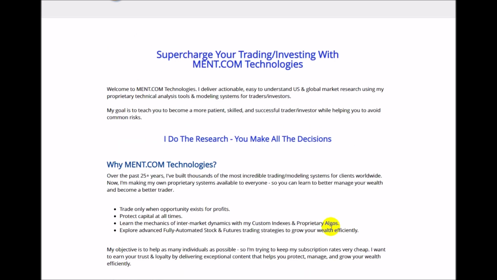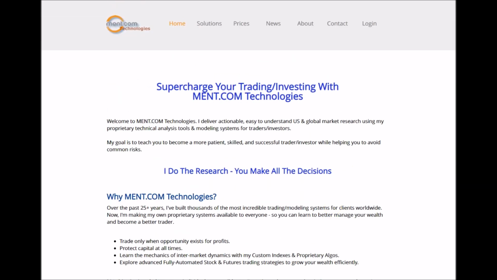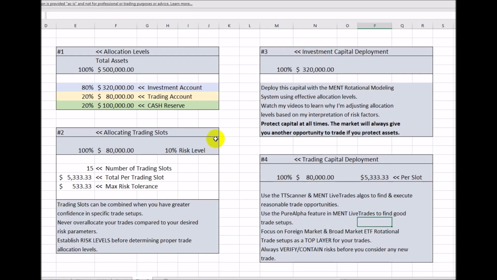So now let's come back over here and show you how the allocation model works. Number one, when I set up the allocation models, it breaks down into what's called a top level structure, and this is the top level structure right now.